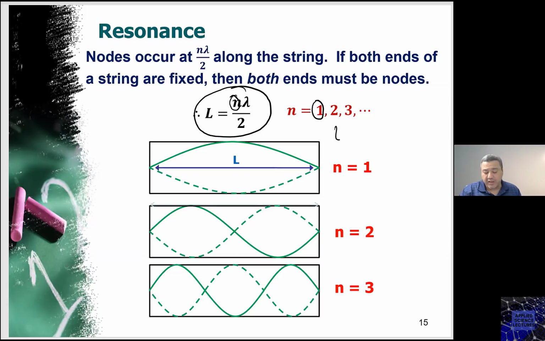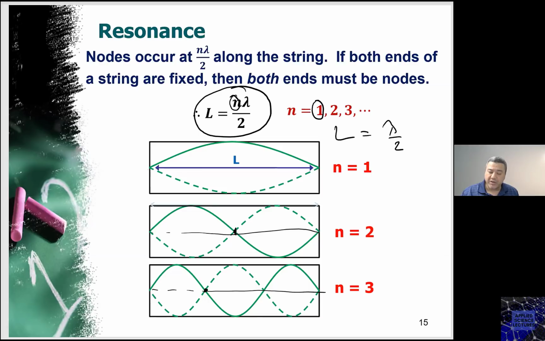That's why L equals lambda over 2 is the lowest resonance frequency for any string. This frequency can increase, and in this case, it becomes the second harmonic, and this length will be divided into two equal lengths, or the third harmonic will be divided into three equal pieces here.